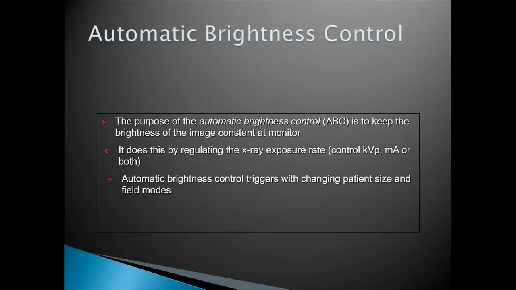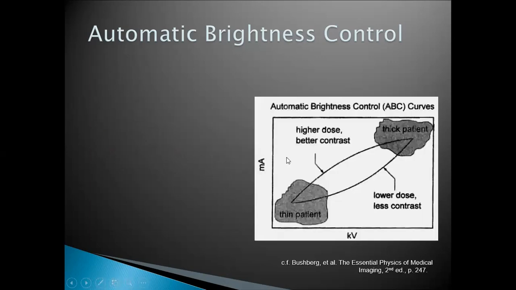For another patient, it looks at the patient, because of the sensor there, and brings out a particular protocol for that patient. So the automatic brightness control does that, which we also see in radiography. So this is just the chart that explains automatic brightness control.